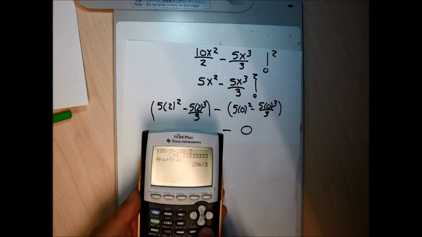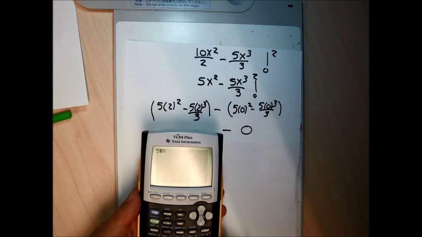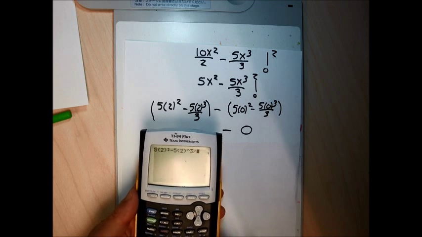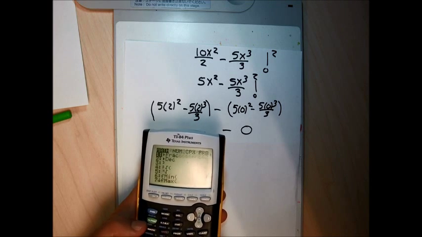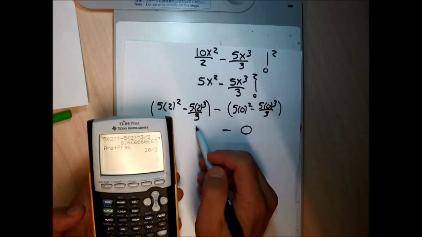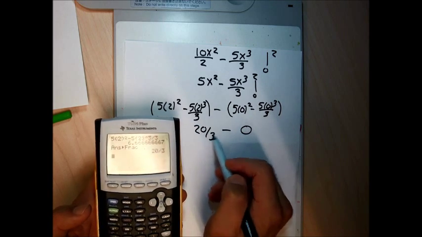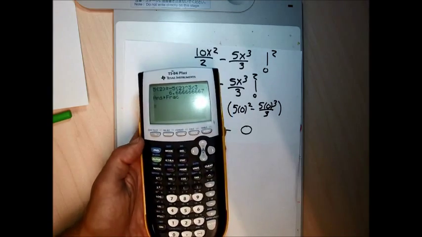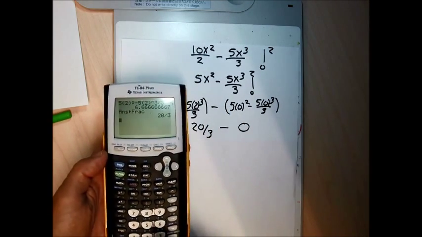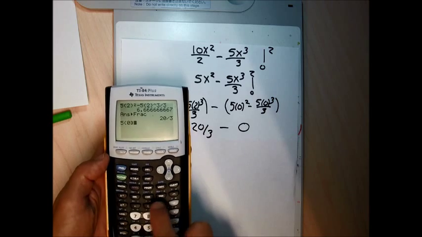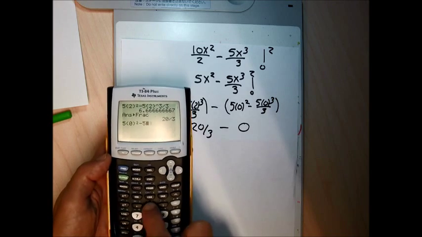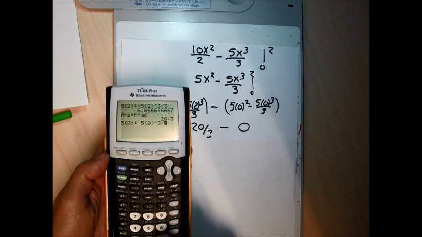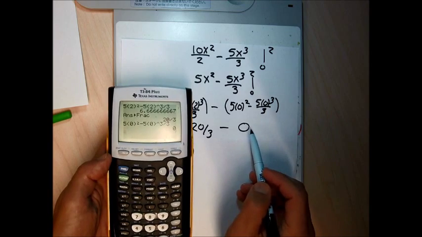Let me get back to the main screen, do this first computation, 5 times 2 squared minus 5 times 2 cubed divided by 3, math, enter, enter, which is 20 over 3. It's also that 6.6 number that I got earlier. And then the next computation, 5 times 0 squared minus 5 times 0 cubed over 3, gives me this 0.